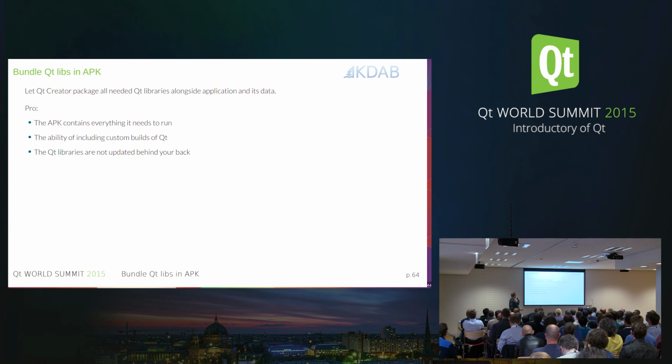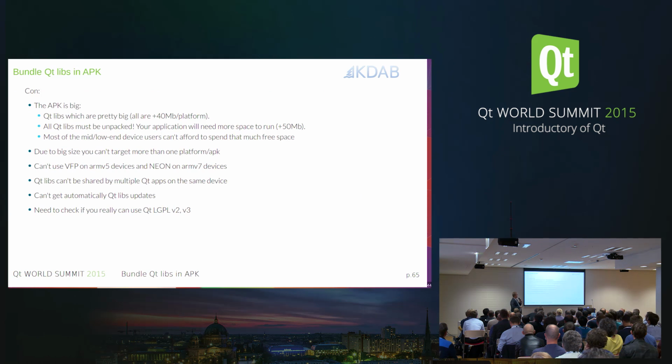You can target multiple platforms, but the Qt libraries, all of them, are 40 megabytes in size. Of course, no application will use all Qt modules. It would be crazy to use Quick 1 and Quick 2 in the same application, or script and QML in the same application, or widgets and other stuff in the same application.